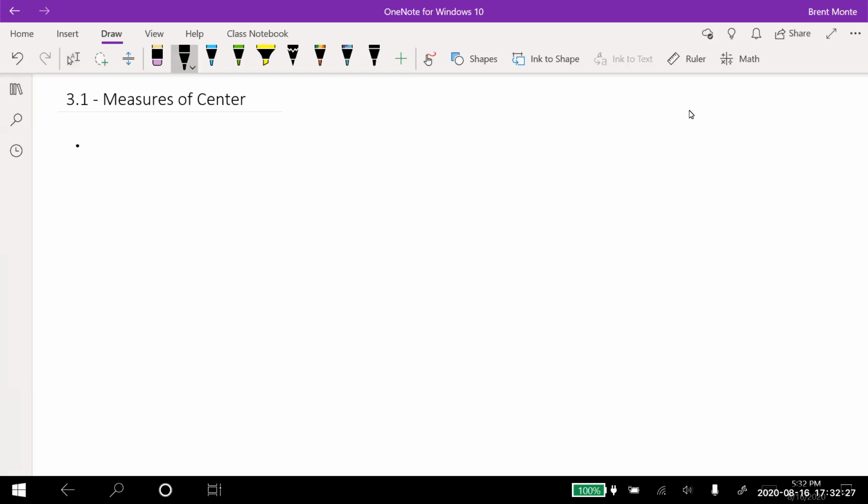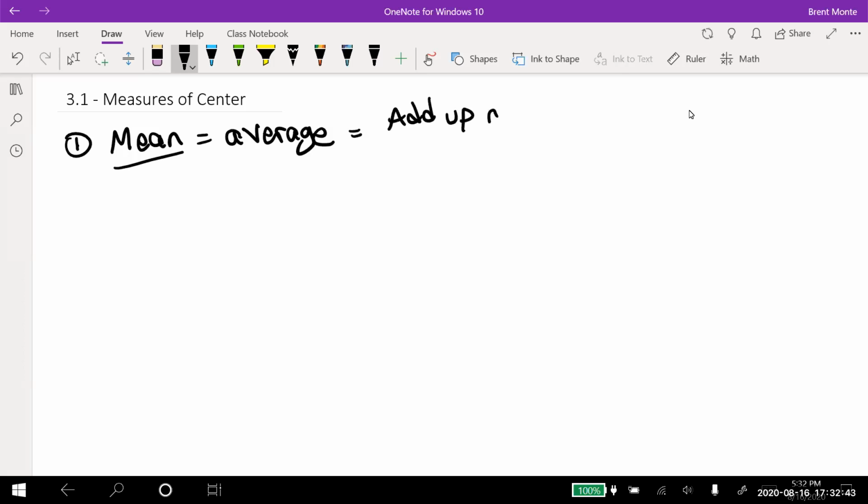The first one is what we call the mean. And what the mean is, that's just the average. So we find the mean the way we normally do: we just add up all data and then we divide by the number of data pieces.